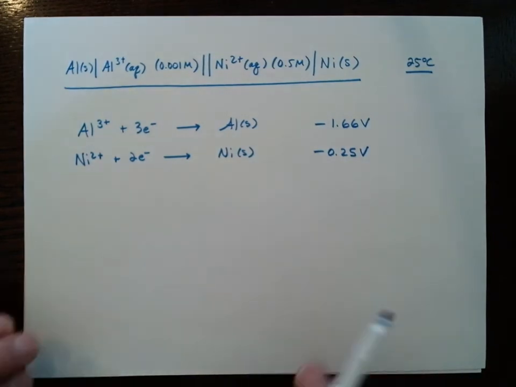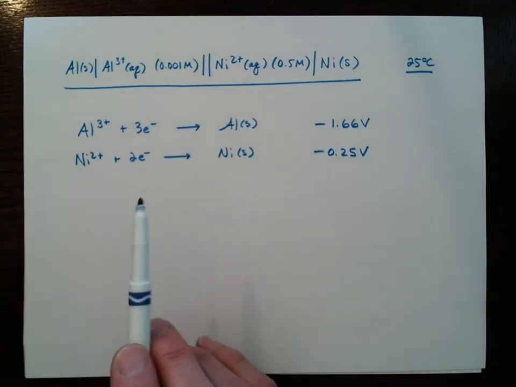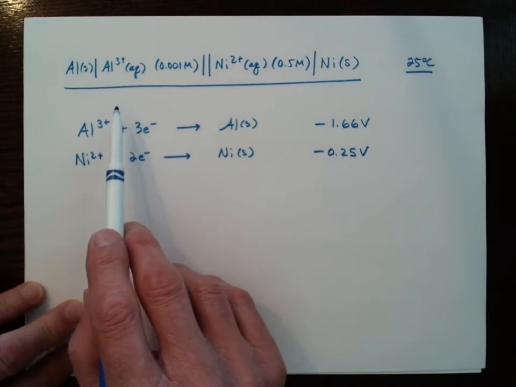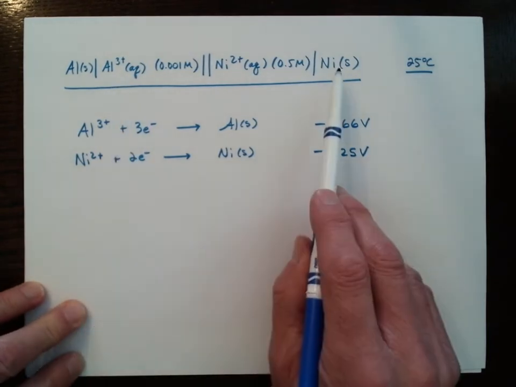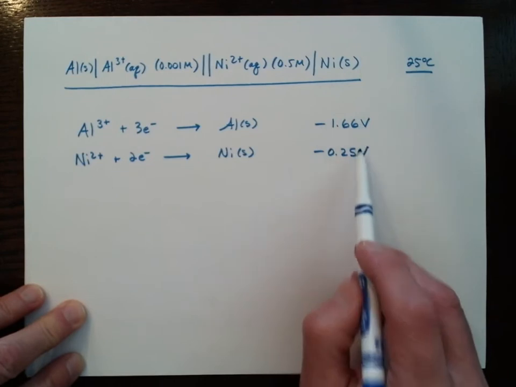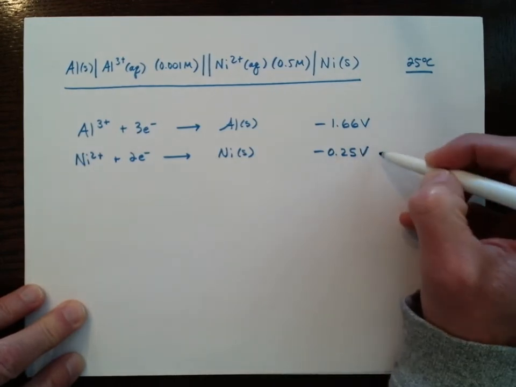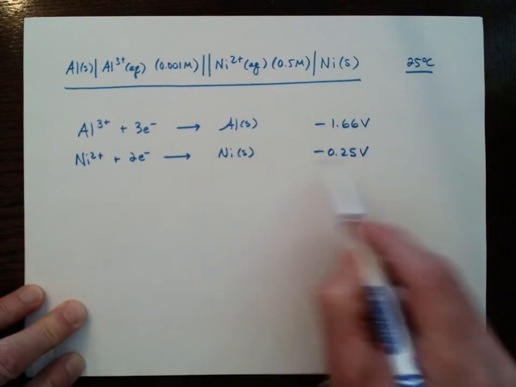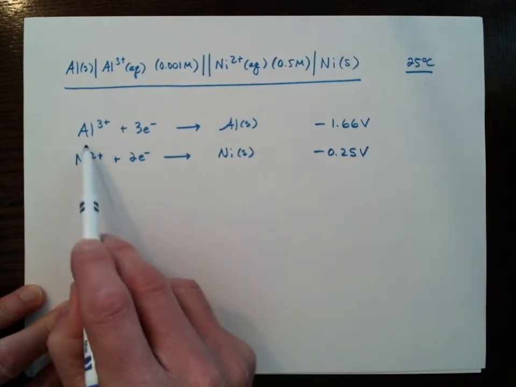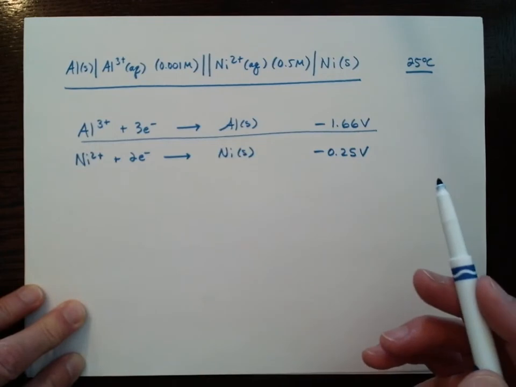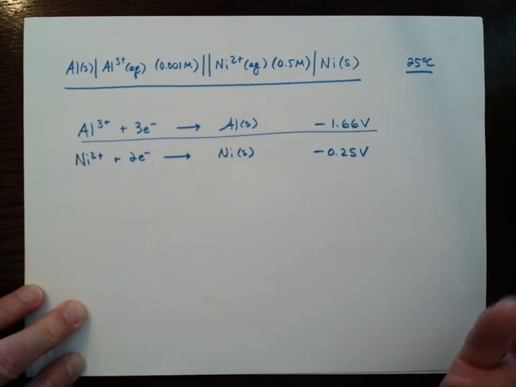Okay, so the first thing we're going to do is write an equation for the reaction that occurs when the cell actually generates electric current. Well, let's look at this. If this here is our reduction potentials, we're going to want to flip this one if we want to generate positive current, correct? So I'll do that.